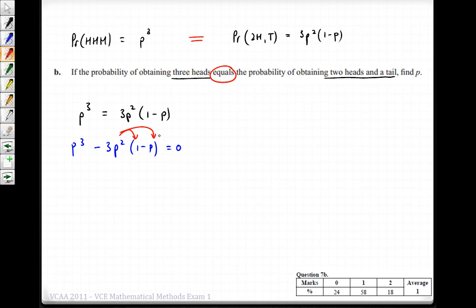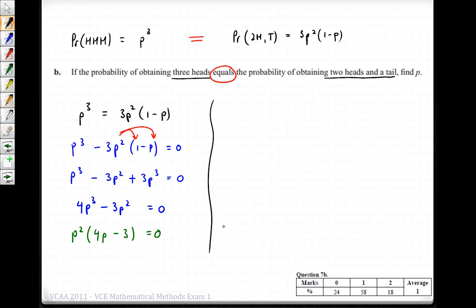So we're going to get P cubed minus 3P squared plus 3P cubed equals 0, which is the same as 4P cubed minus 3P squared equals 0. And now we'll factorize that P squared out the front. We get P squared outside of 4P minus 3 equals 0.